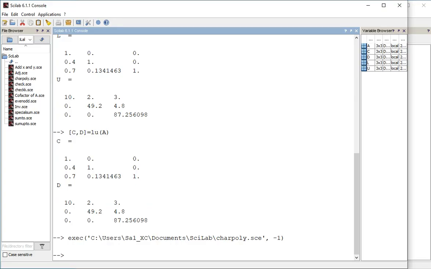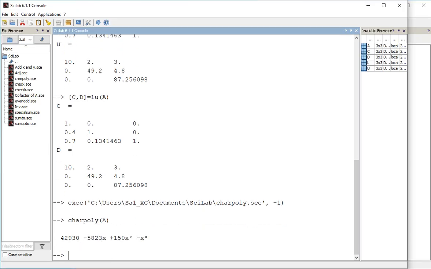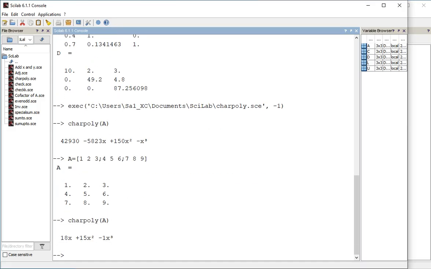So charpoly is executed. Charpoly of my matrix A is giving me the characteristic polynomial of A. Let me replace A with the original one. The characteristic polynomial for this matrix is now known to you. You can find it, and the answer is there.